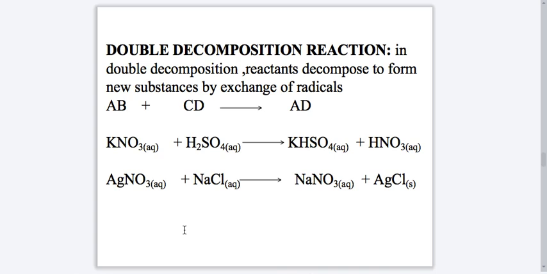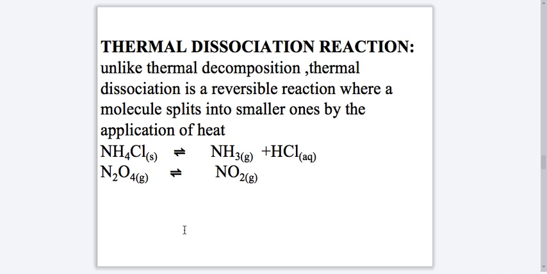Na will combine with NO3 minus to give us NaNO3. So this is an example of double decomposition reaction, which was discussed under how to form different types of salts.